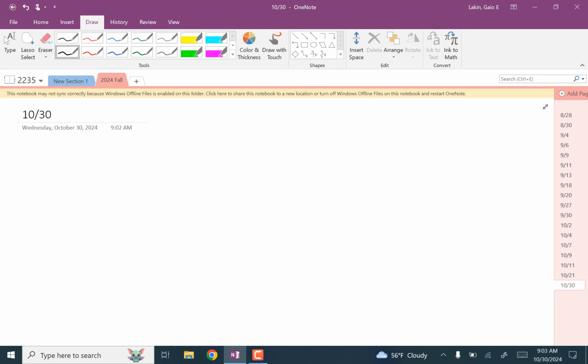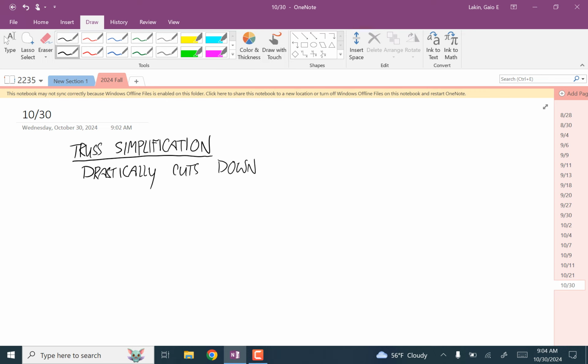All right. So today I just want to spend the day talking about the truss simplification. This is a way to, let's say, drastically cut down the number of variables and equations for certain types of structures.